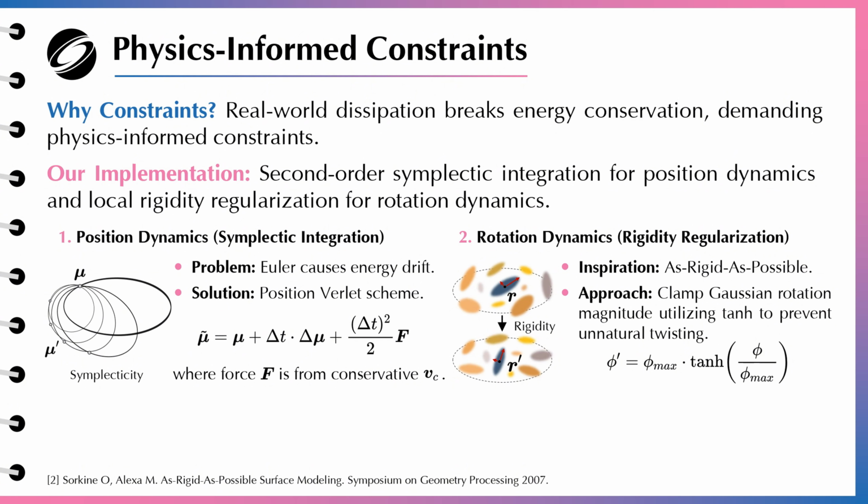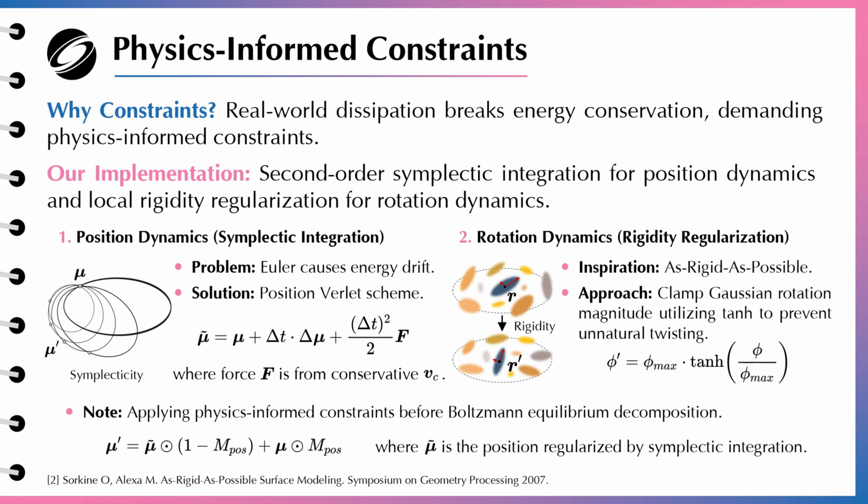This is achieved by clamping the magnitude of the rotation angle. To prevent abrupt rotational changes, we further apply a smooth limiting function that constrains large rotations while preserving small natural rotations to get a clamped angle, thus constraining the rotation dynamics. Note that physics-informed constraints should be applied right after the HNN decoder but before Boltzmann equilibrium decomposition.